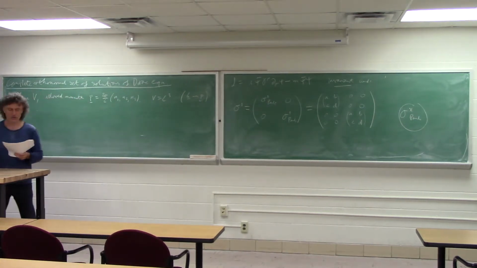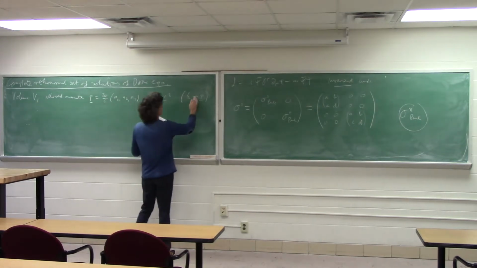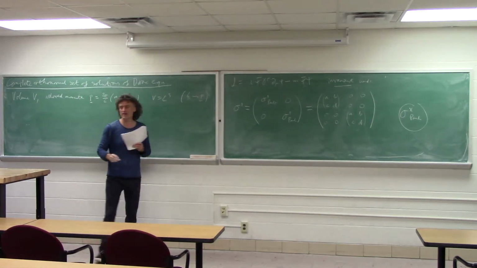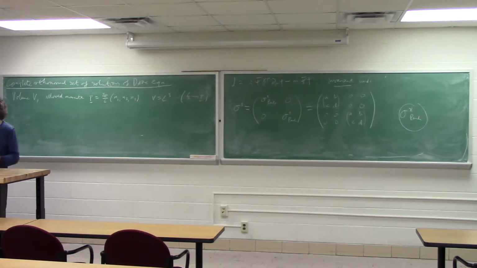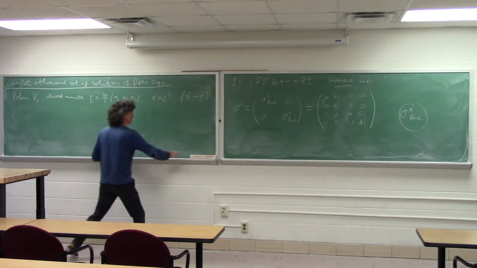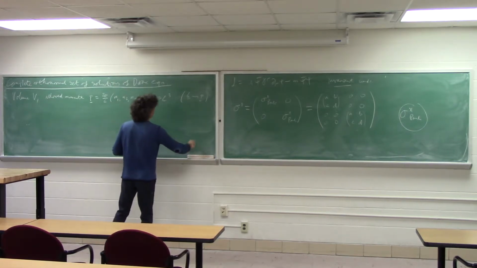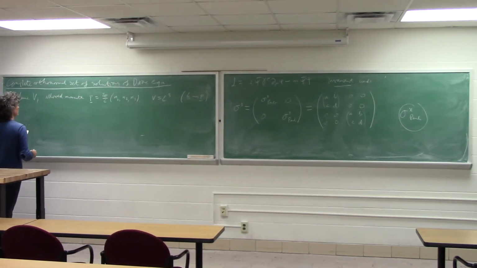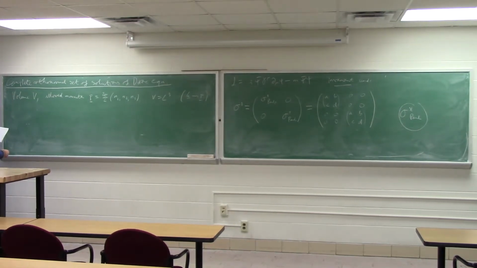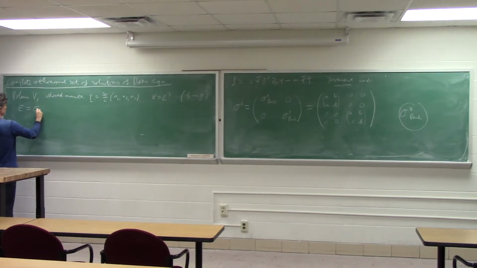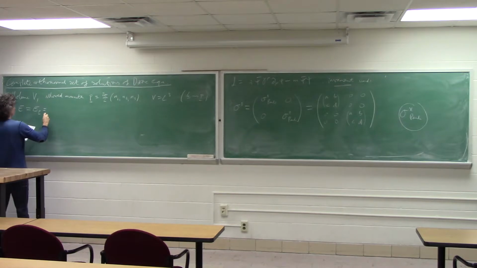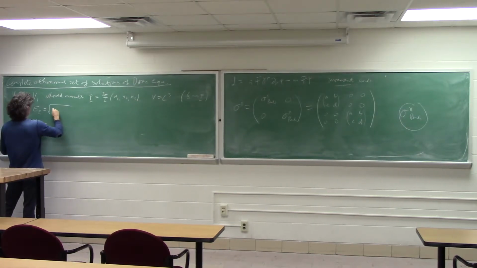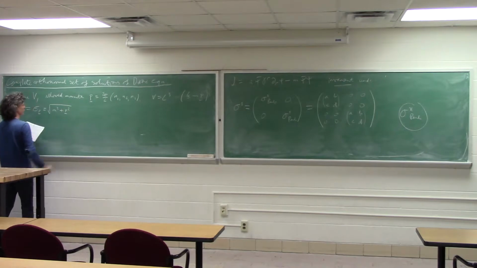It's just a traditional notation that when you're dealing with bosonic fields, you use k to label the momenta. When you're dealing with fermionic or massive fields, the more traditional label is p. It's just a convention. Anyway, for each allowed momentum, there is an energy E, which you can write with the subscript p if you prefer. That's what the book does, which is the square root of m squared plus p squared.